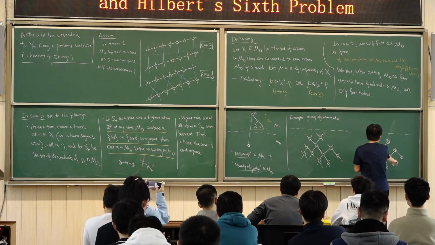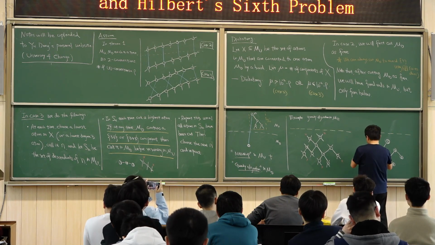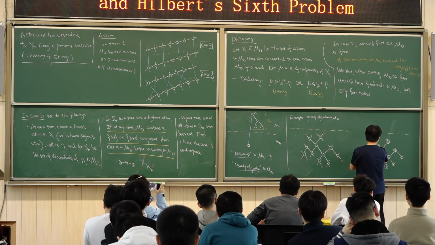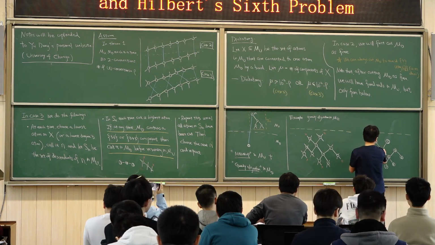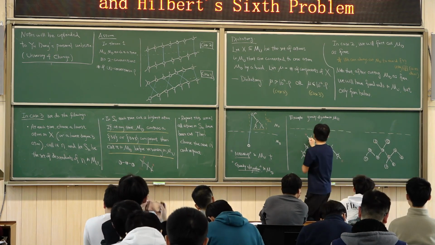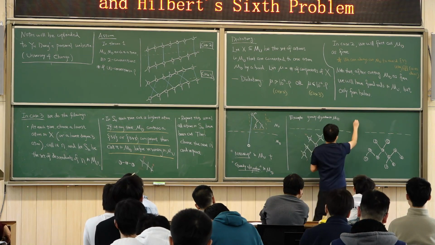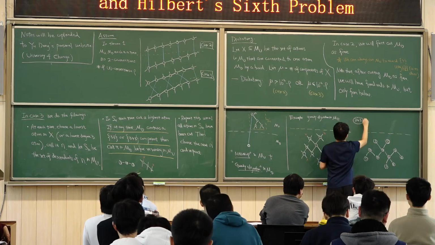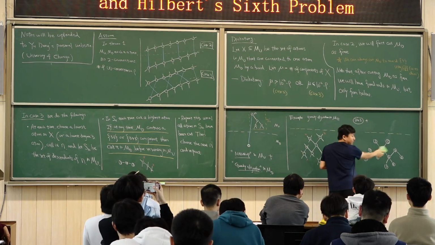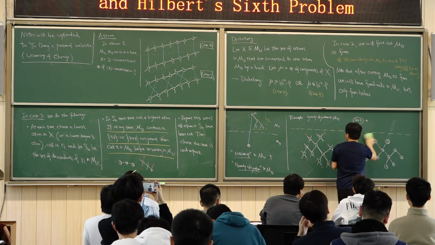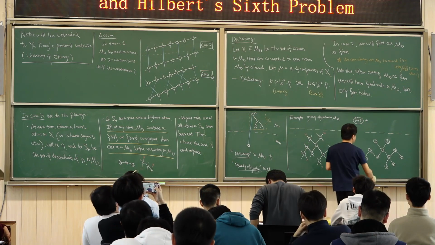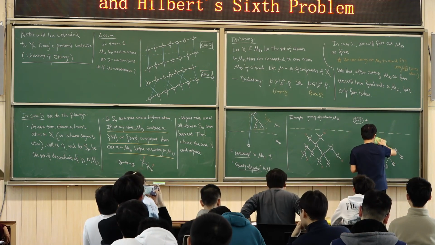Okay, so if you look at this picture, now you see this is a 3-4-3. So 3 connected to 4 connected to 3. And this picture is like this connected to this connected to this. So let's remove it. Okay, so we get a 3-4-3. Let's remove it. This is the definition here. So we remove it.